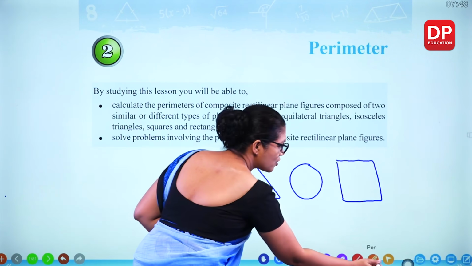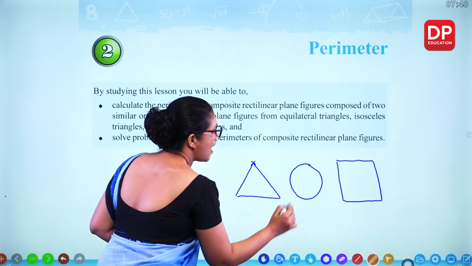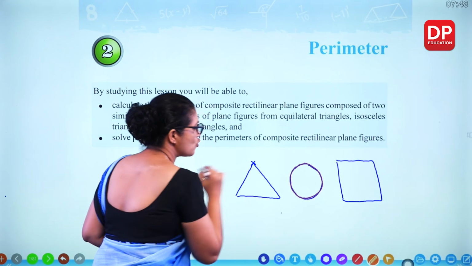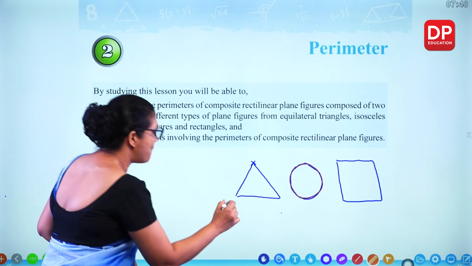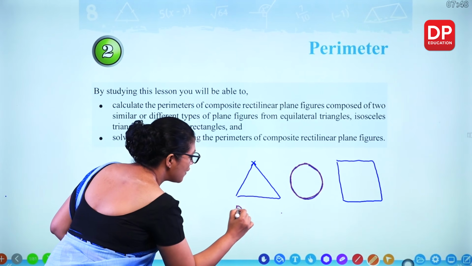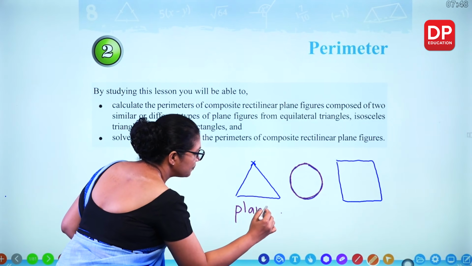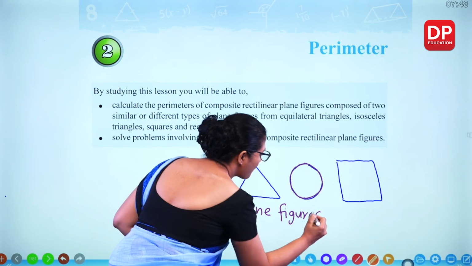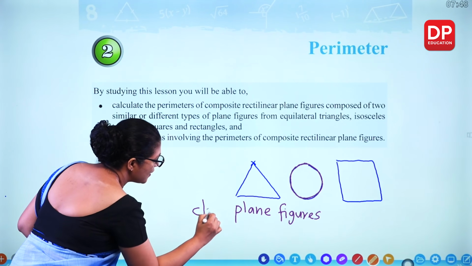In this one also, you can start from any place and come to the same position. So we call these closed plane figures.